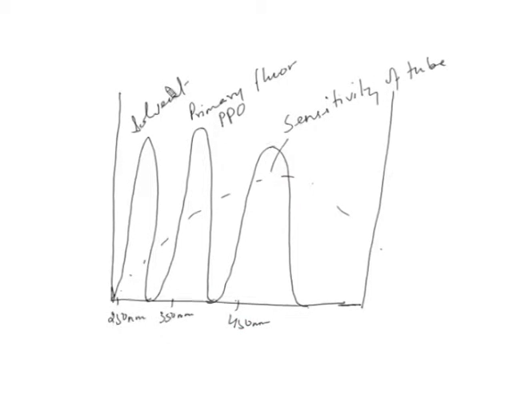You can see here, this is very much in the sensitivity region of the tube, and this secondary fluor can efficiently transfer the light, the longer wavelength, which can be read by the photomultiplier tube. This is what we mean by efficient energy transfer, right from the 3H radioactive material to the secondary fluor and then to the photomultiplier tube.